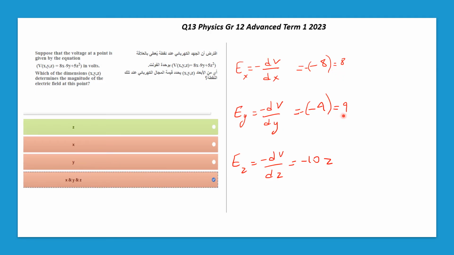The same for the y dimension, we get 9. But look what's going on in the third dimension, Ez. When taking the derivative, we still have the z dimension. So z still exists in this electric field, and the other two are constants.